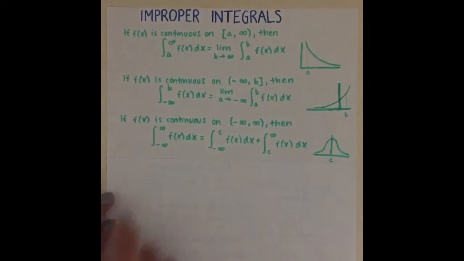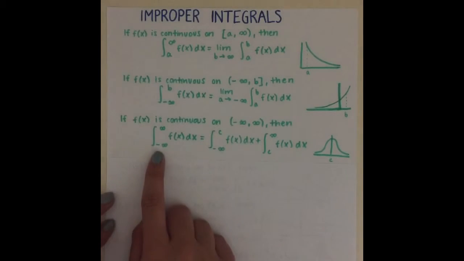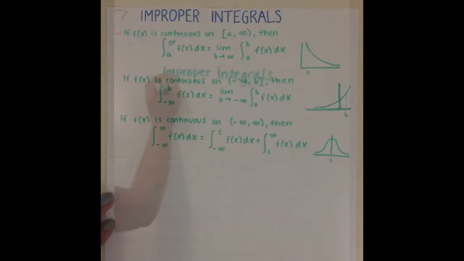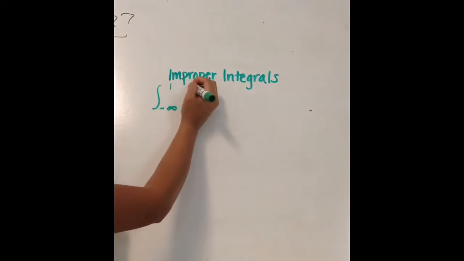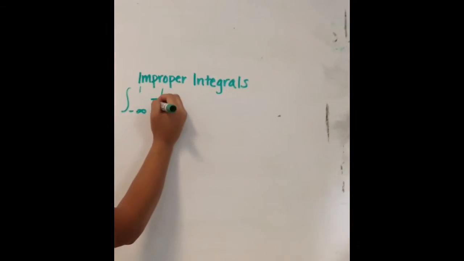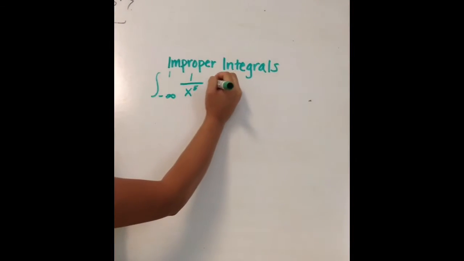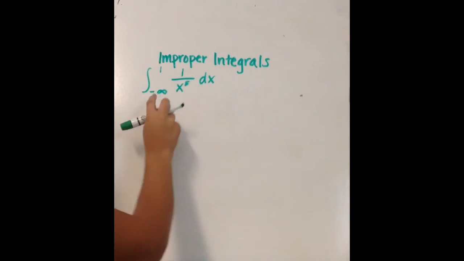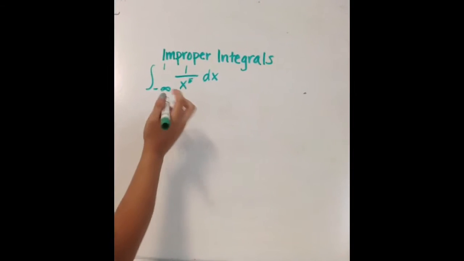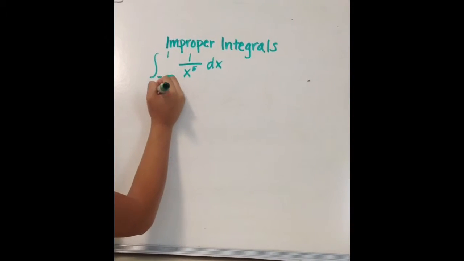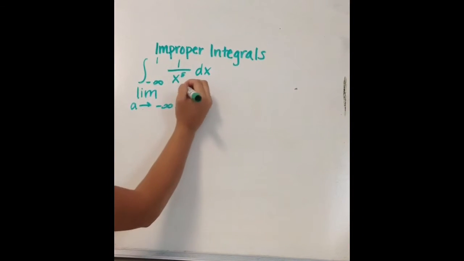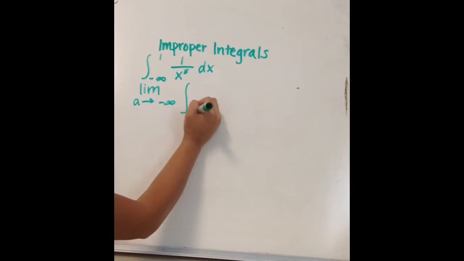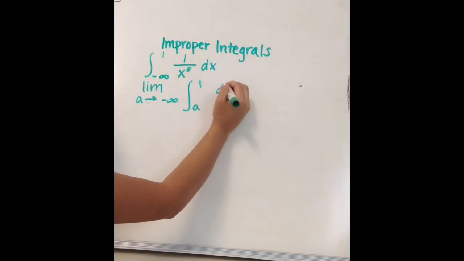Right now, we will be practicing these 3 techniques of trying to solve improper integrals, and then we will discuss the different cases. So we're going to take the integral from negative infinity to 1 of the function 1 over x to the 5th. So we can't have negative infinity as one of the limits of integration, so we'll take the limit as a approaches negative infinity of the integral a to 1 of the function.